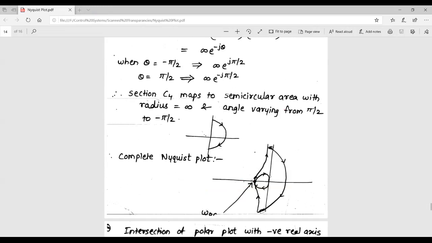Okay, so it is still not -1 plus J0, right? So -1 plus J0 is outside this polar plot, and that is why the encirclements around the critical point come out to be 0.